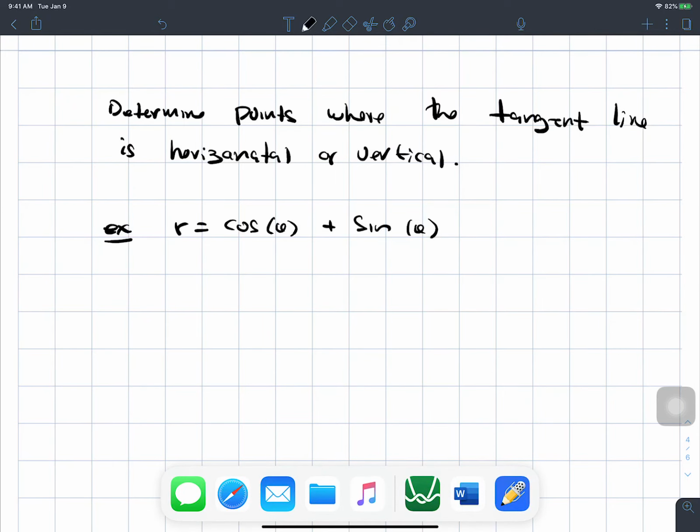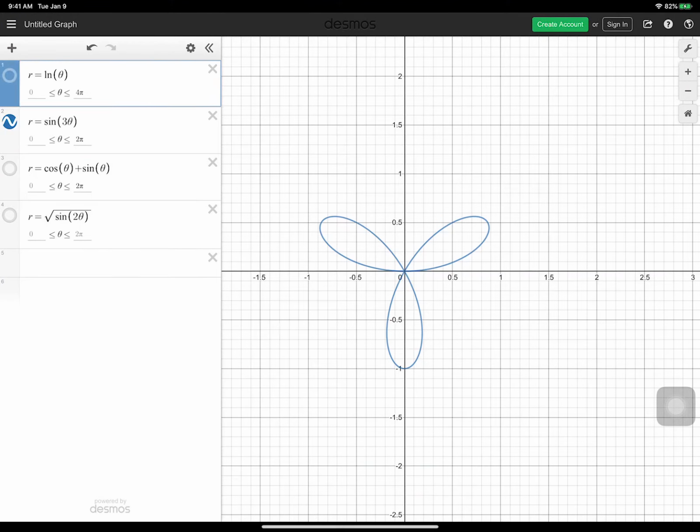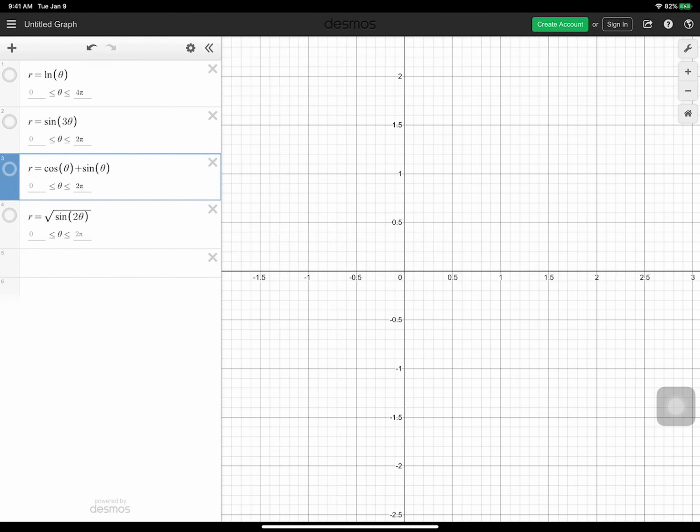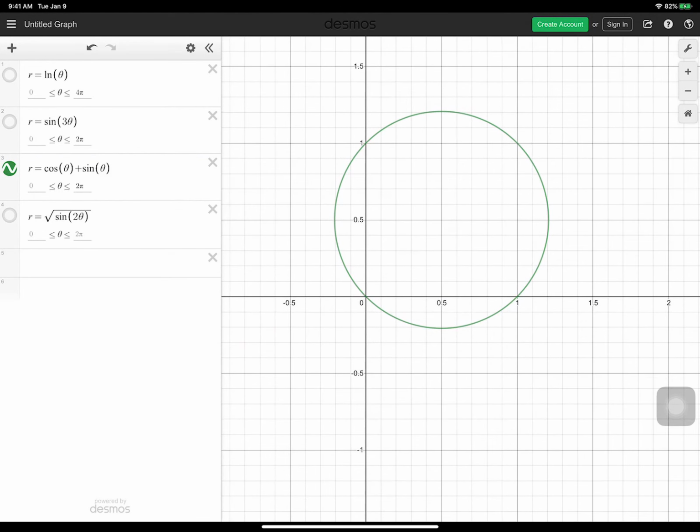And I want to remark here, take a look at this curve. As you guys can see, this particular curve, r equals cosine theta plus sine theta, is actually a circle.